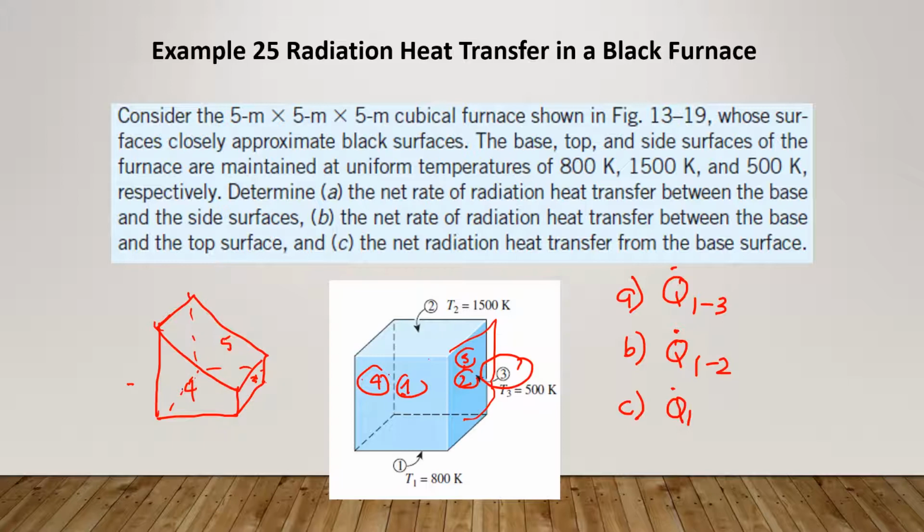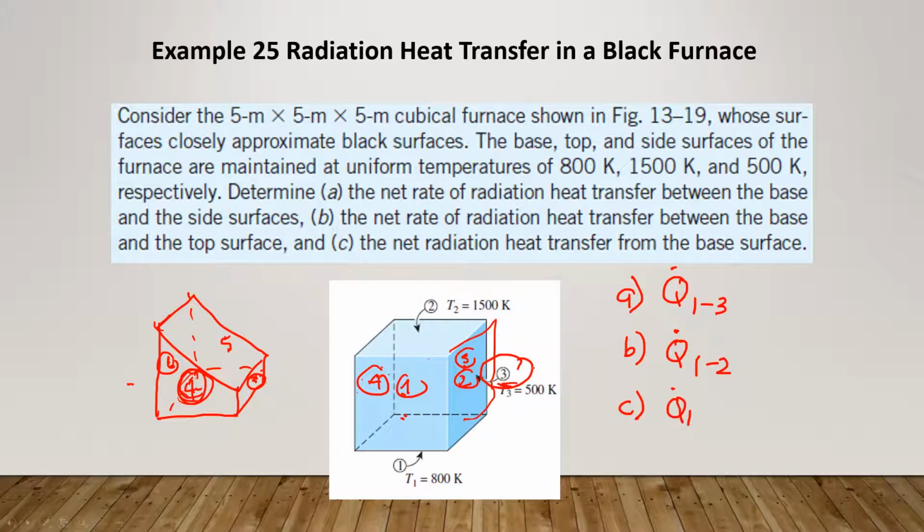So you only consider 1, 4, and 3, 4, 5, 6. This 6 is alone, and then 4 and 5 can be combined and calculated as a single side, and then 3 alone. Now here we have a rectangular furnace where we have four different sides which have the same geometries. Therefore, we only consider one surface.